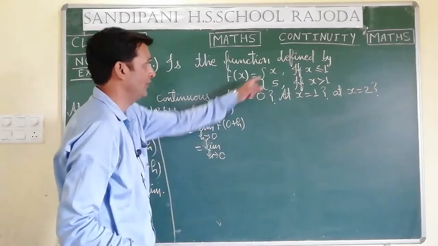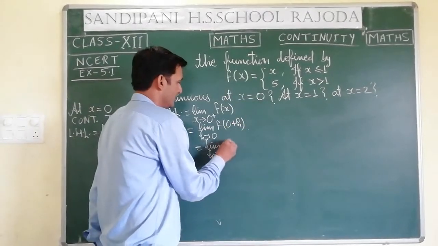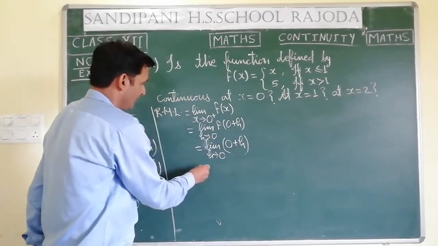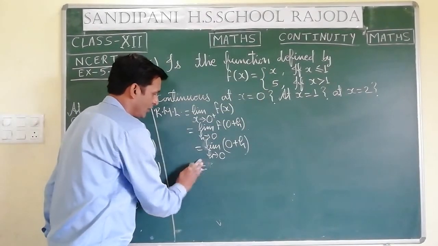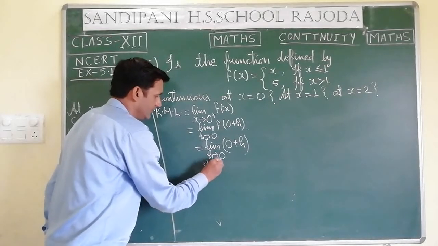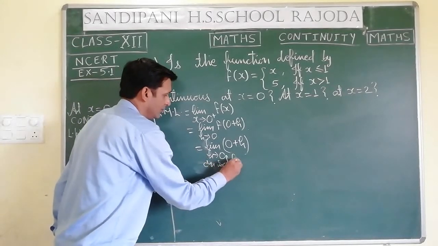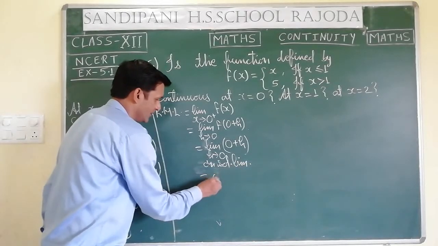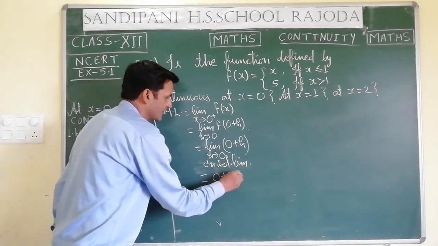We have to put here only 0 plus h in place of x, which is equal to, on solving limit, this is again equal to 0 plus 0, which is equal to 0.